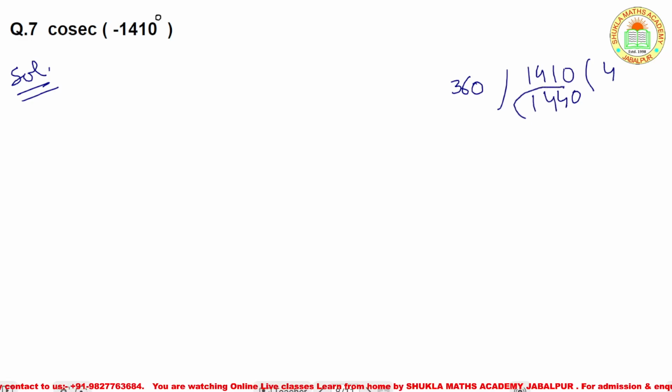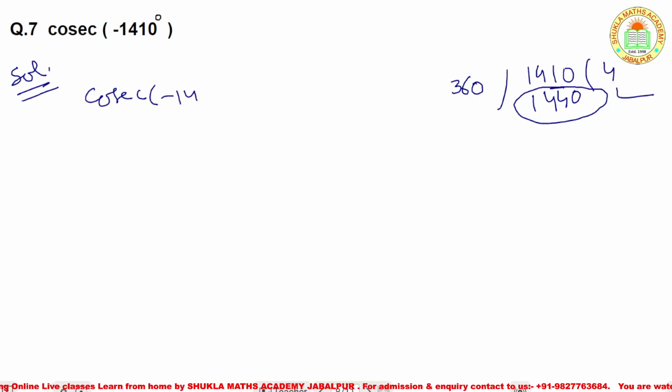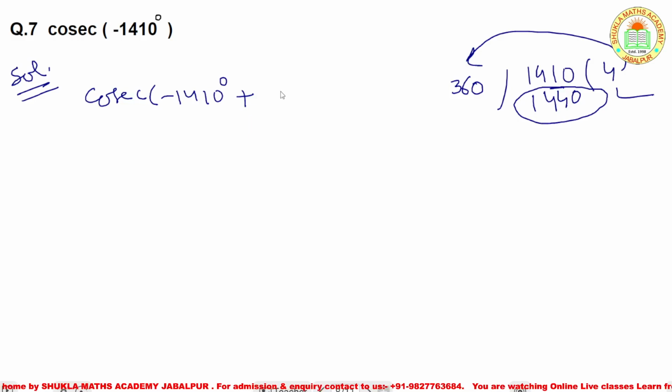It is going more than 1410, so it is correct, because we want to write the next value of the 1410 because it is negative. So we can write cosec of minus 1410 degree plus 4 into 360, right?